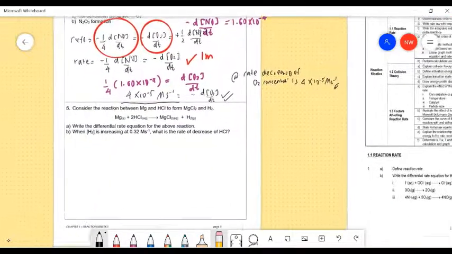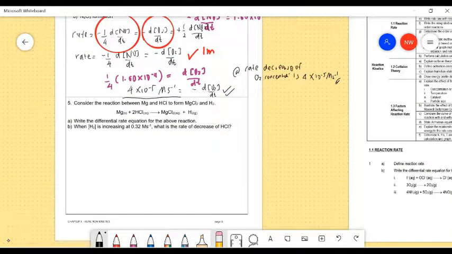Soalan yang kelima. Consider the reaction between magnesium and HCl to form magnesium chloride dan juga hydrogen gas. Write the differential rate equation for the above reaction. So, untuk A, kita tulis rate differential equation.